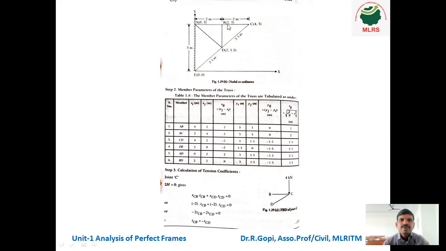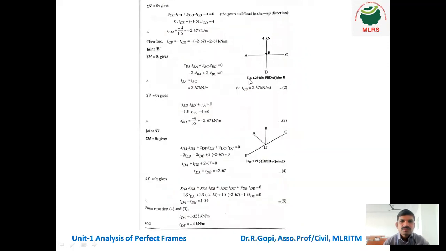And XBC is 2 minus 4. So XBC is in the plus quadrant, therefore plus 2, and XBA is in the minus quadrant, so minus 2.